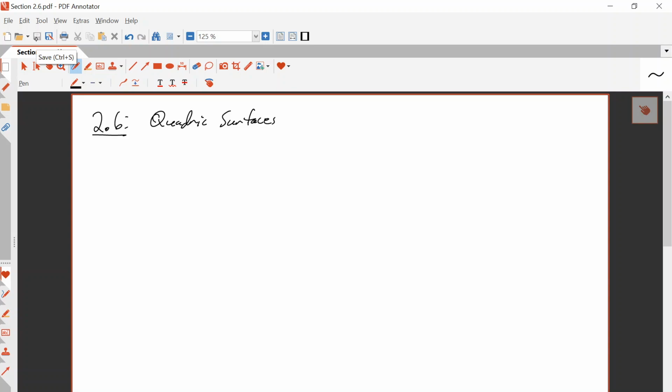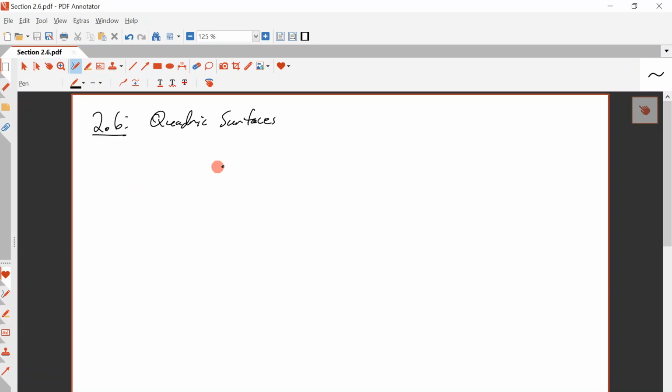The syllabus skips over section 2.6, but really, so many of the examples that we're going to do later use the information in section 2.6, so I thought an abbreviated presentation of this section is called for. And the email I sent you has the assignment, the homework problems to do in section 2.6.